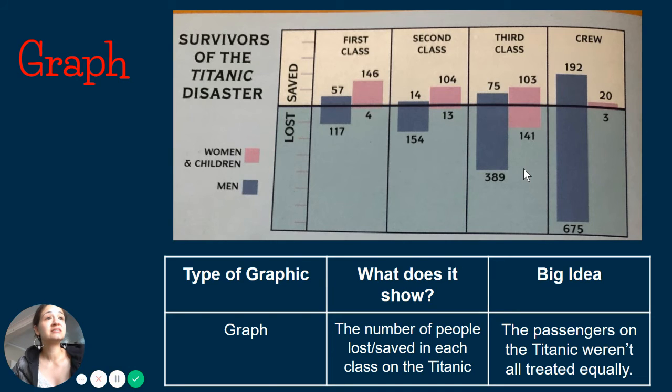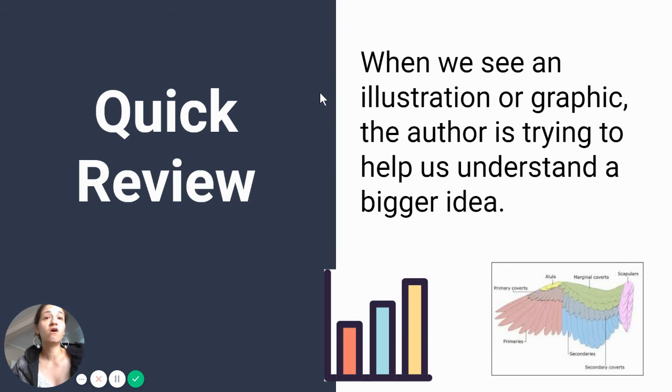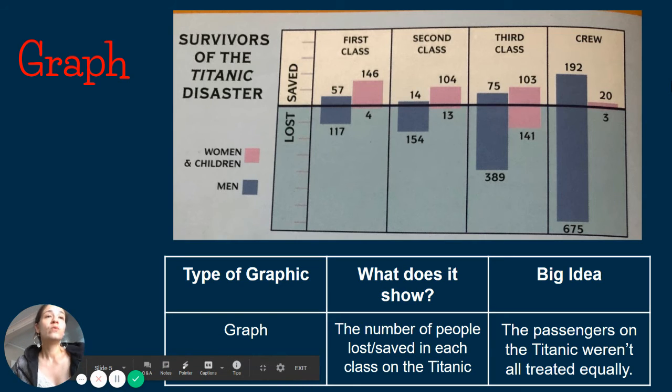And first class saved more women than second class, and second class saved more women than third class. Although we have something here that shows that third class saved 75 men, and only 75 men were saved in first class. But oops, let me go back. But overall, we can see that across the classes, more people's lives were lost.